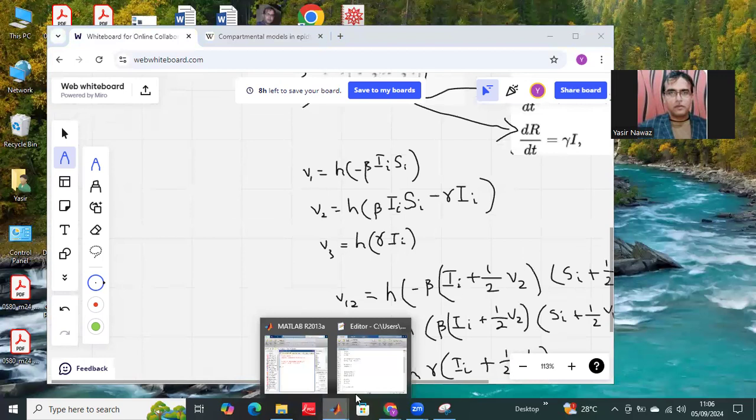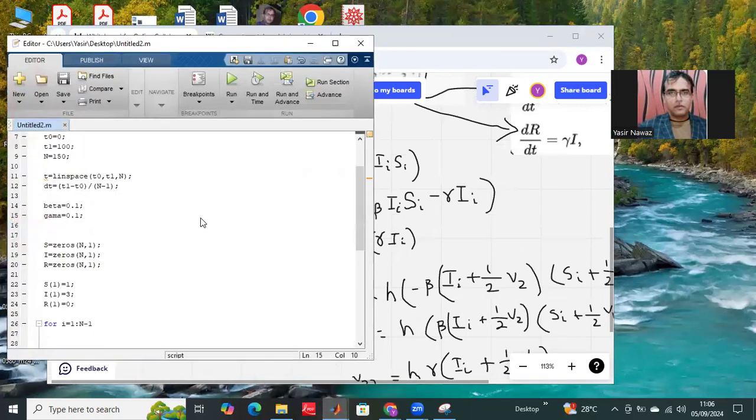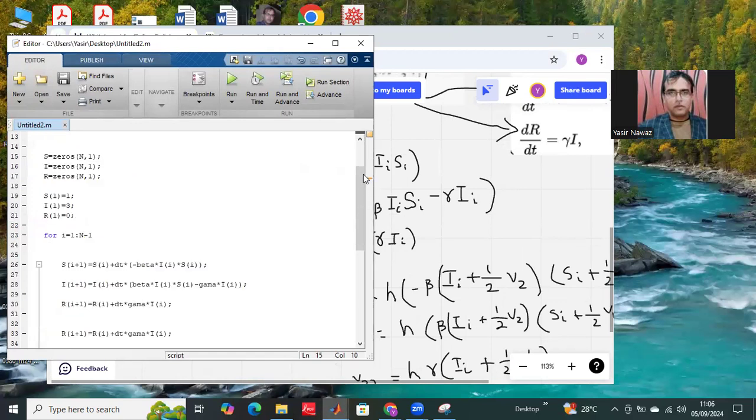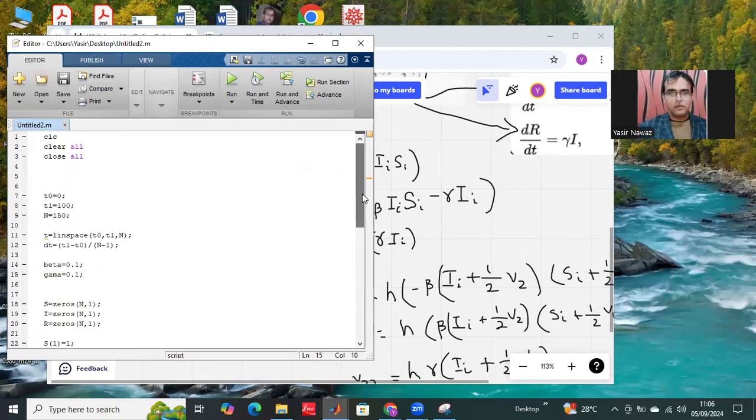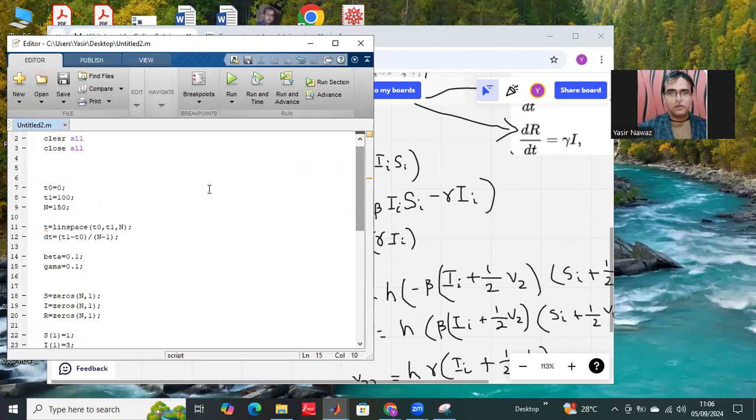In my previous video, I constructed the code for the Euler method, but now I will construct the code for the second order Runge-Kutta method. So these are the basic things: T naught, T1, N, and then the T variable, and then dt, the step size. Beta and gamma are the parameters that appear in the SIR model.